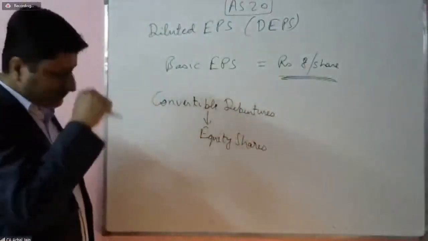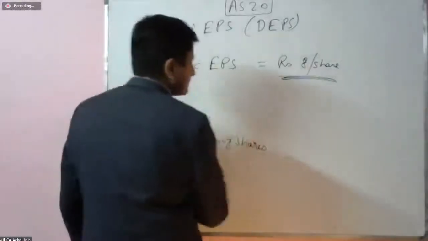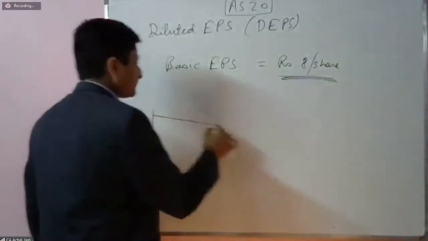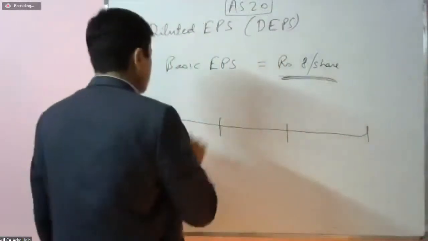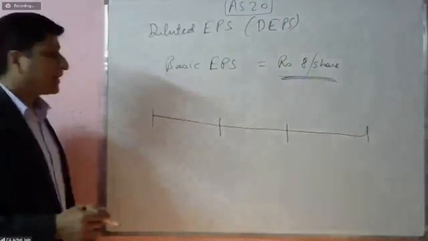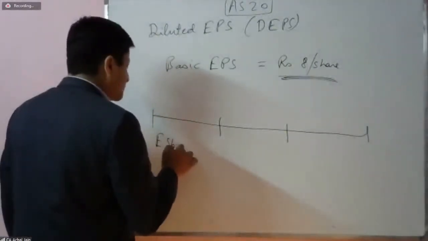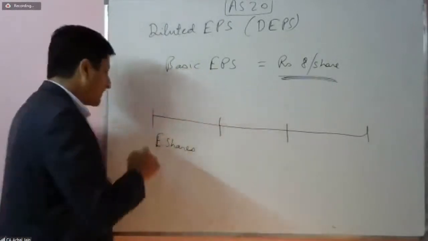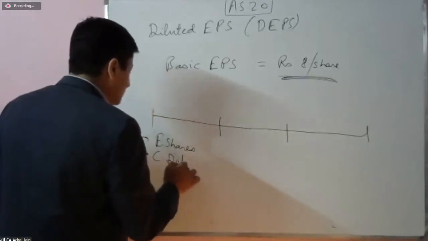Okay. So now, if we look at the time chart, say we are looking at the current year, wherein the company has got equity shares, or you can say equity share capital, as well as convertible debentures.